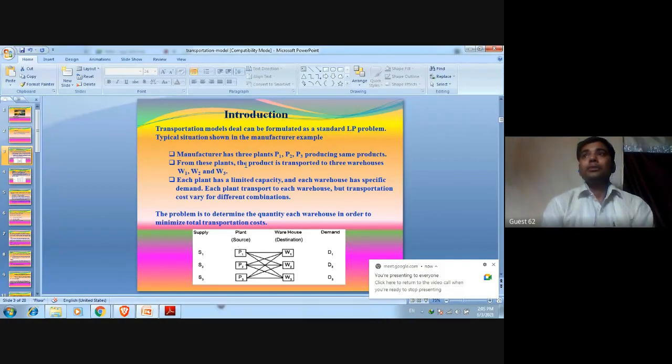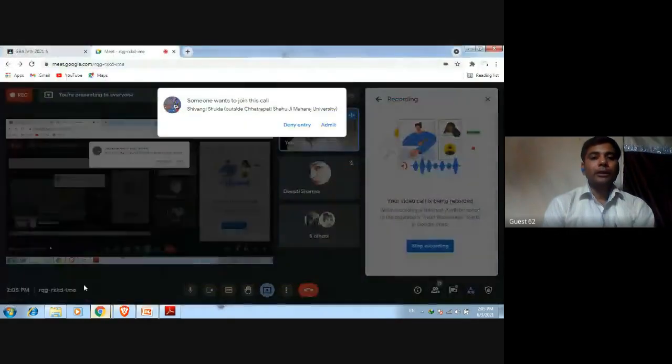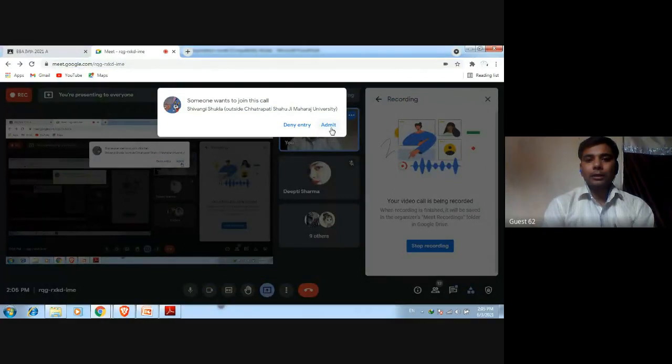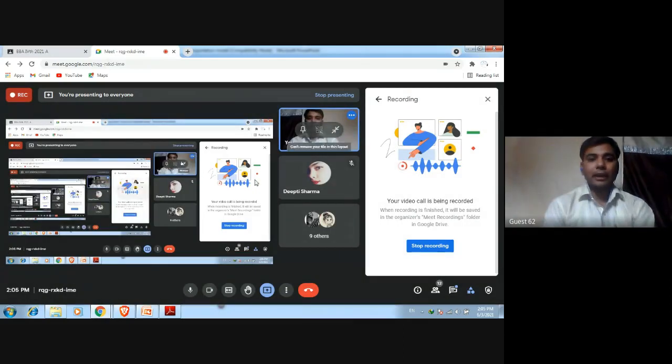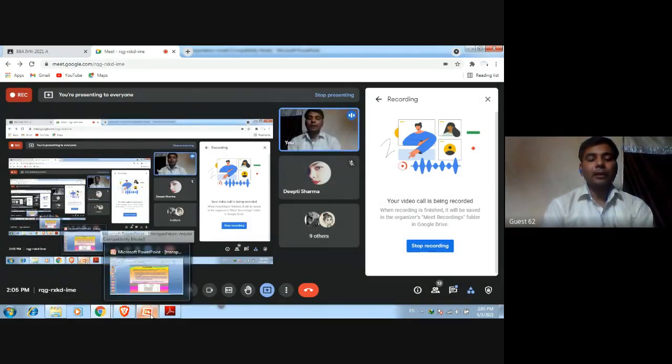Okay, so I told you in the simplex method and LPP that if we are studying about the sales or revenue, then we will maximize it. And if we are finding out the transport cost, then we will minimize it.